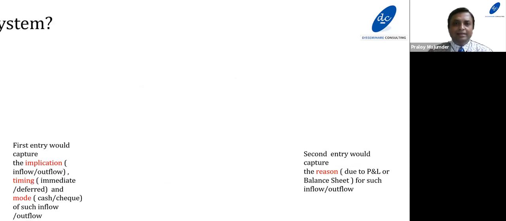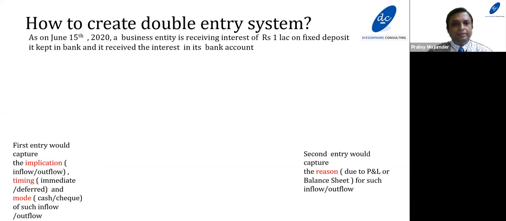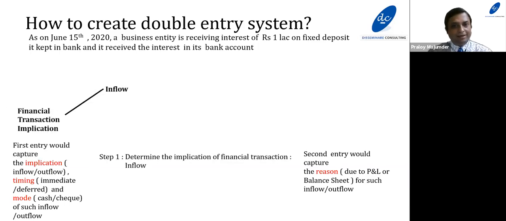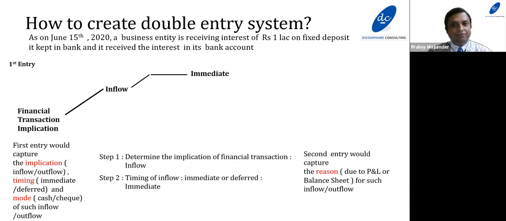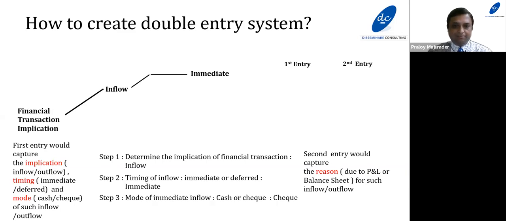Now let us take another example. As on June 15, 2020, a business entity is receiving interest of rupees 1 lakh on fixed deposits. It kept the money in the bank and it received the interest in its bank account. Inflow, immediate, in the form of a check. So first entry, debit balance sheet asset, current assets, bank.